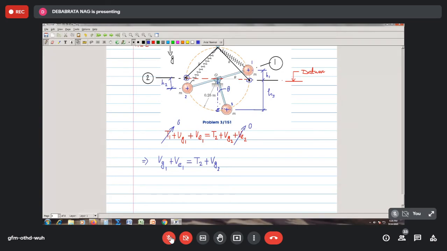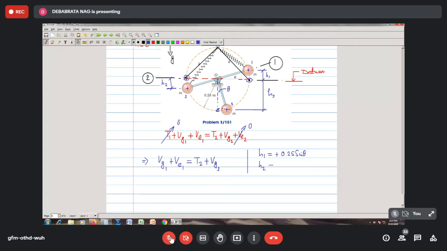Okay. So I can therefore make these calculations. H1 is equal to plus, because it is above the datum. How much? The radius is 0.25 meter. So I can say this is 0.25 sine theta.